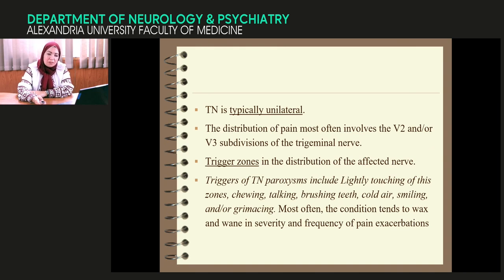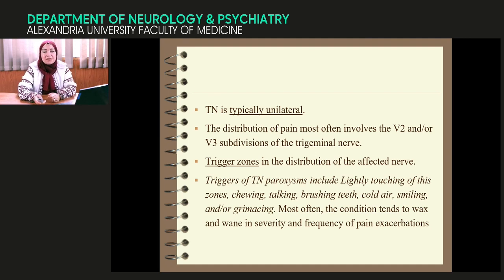The distribution of pain, as we said, is restricted to the distribution of the sensory branches of the trigeminal nerve: ophthalmic, maxillary or mandibular. But the most commonly involved are the maxillary and mandibular. And why are these the most common?